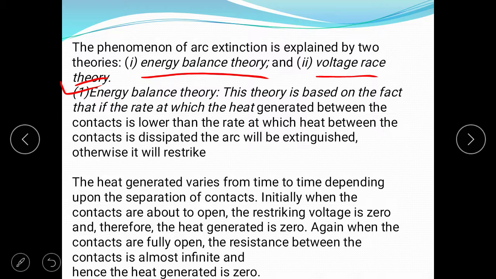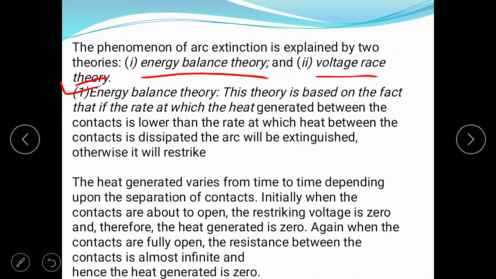It means, simply, the statement of the energy balance theory is: if the rate of heat generation between the contacts of the circuit breaker is less than the rate of heat dissipation, in this case the arc will extinguish.